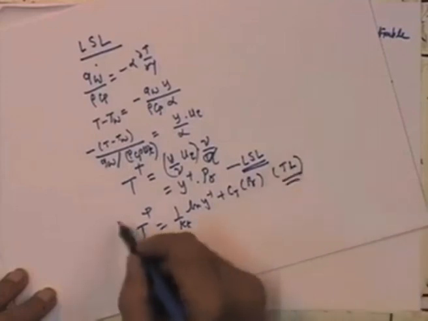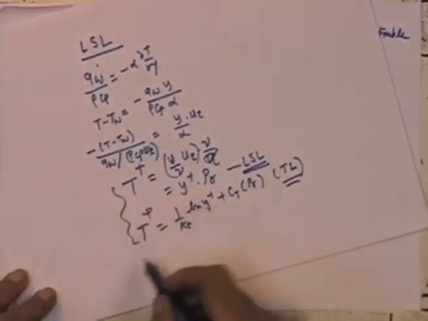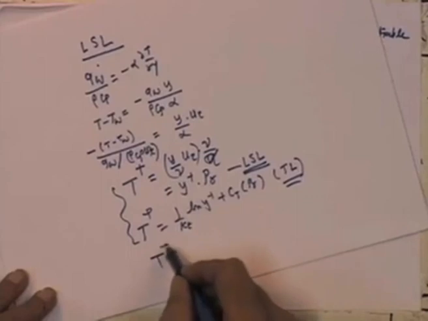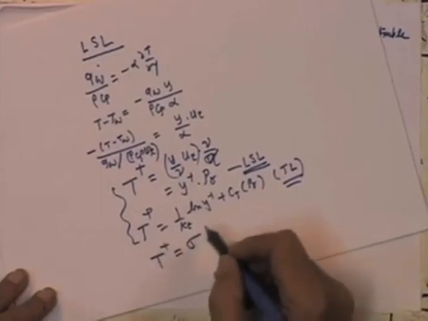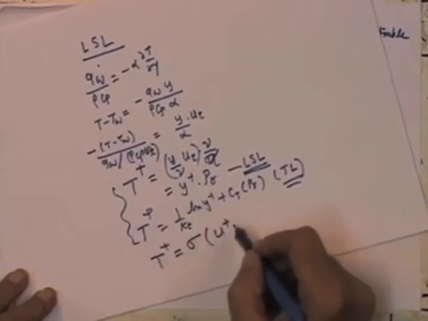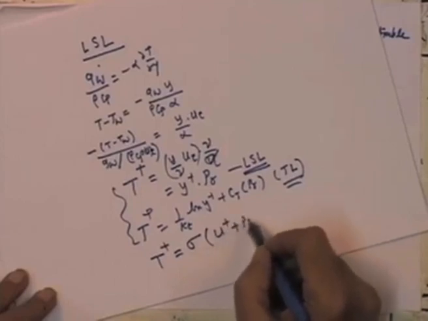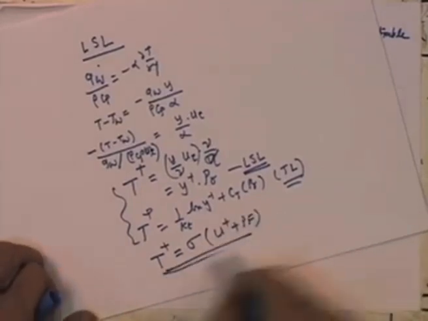These two laws suggest that it is possible to generalize this as T plus equal to sigma times u plus plus Pf. Now, to understand this, consider the turbulent law, for example.